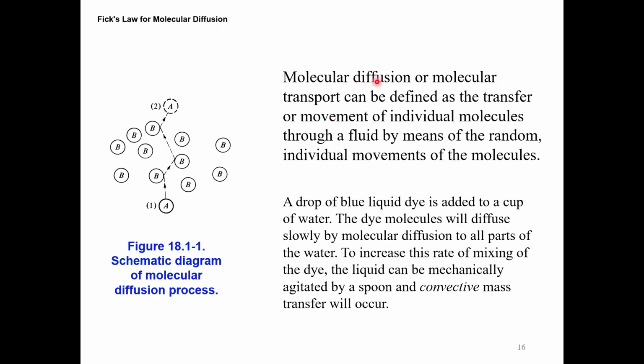So molecular diffusion happens because molecules are moving randomly, and in this case you have A and B. A is diffusing through B, and if you have a high concentration of A at point 1, as a result of this random motion, you would have a net flux of A from point 1 to point 2. All right, so that's molecular diffusion.